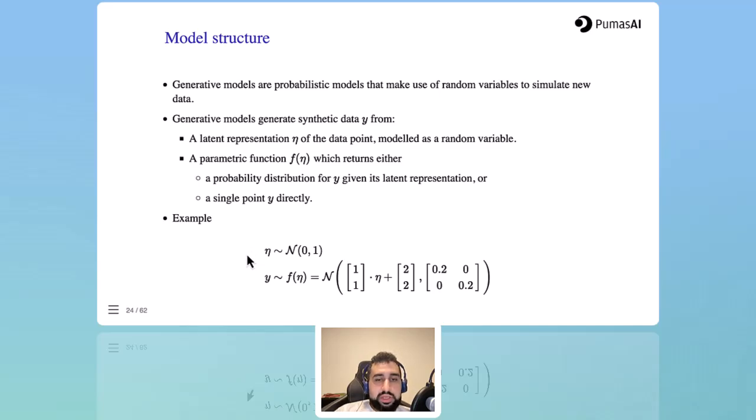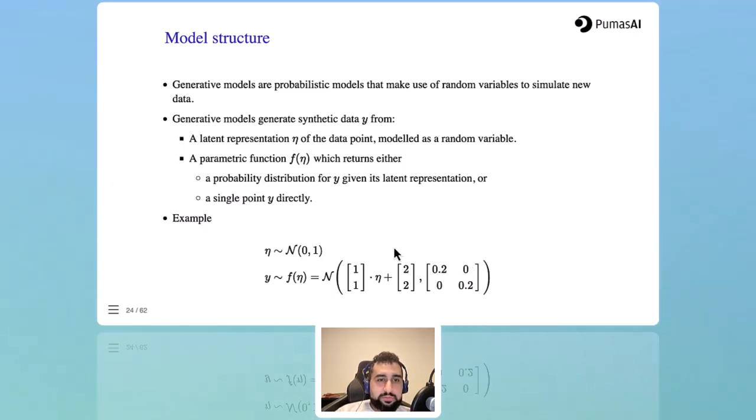An example here is that f of eta returns a normal distribution. The normal distribution depends on eta because the mean of that normal distribution is a linear function of eta. So it's an affine function of eta. And then we have some covariance matrix parameter here that's also fixed.